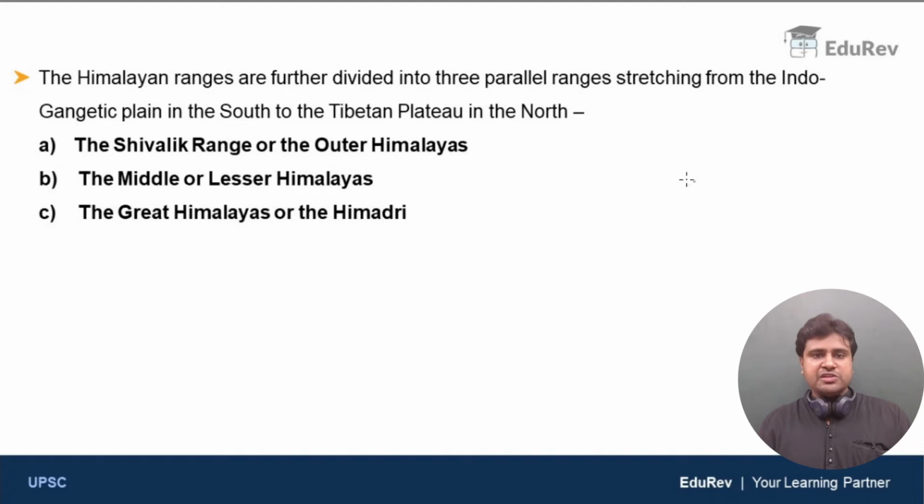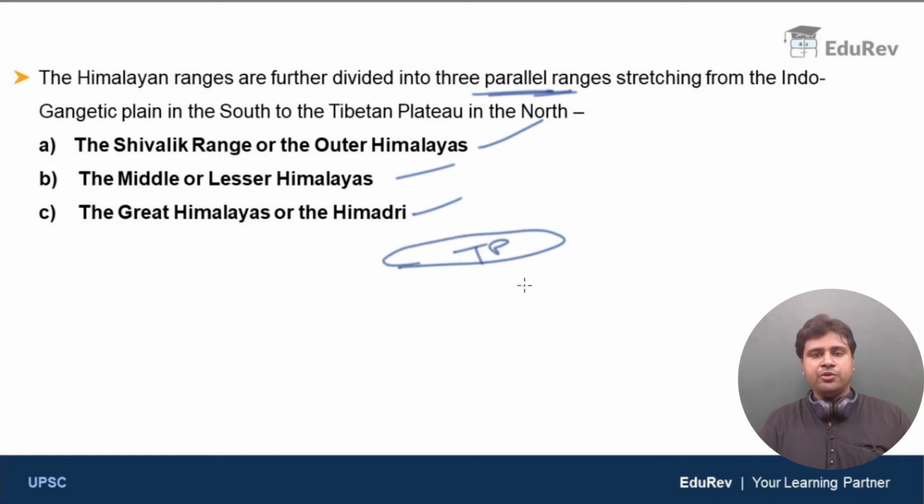The Himalayan ranges are further divided into three parallel ranges, stretching from the Indo-Gangetic Plain in the south to the Tibetan Plateau in the north. So you have the Shivalik range or the outer Himalayas, the middle or lesser Himalayas, and the great Himalayas or the Himadri. Let me explain this. In the north you have the Tibetan Plateau, and in the south the Indo-Gangetic Plain.